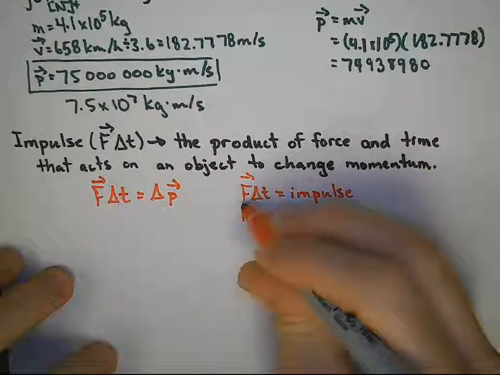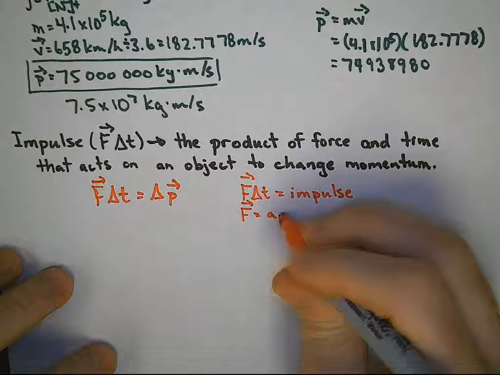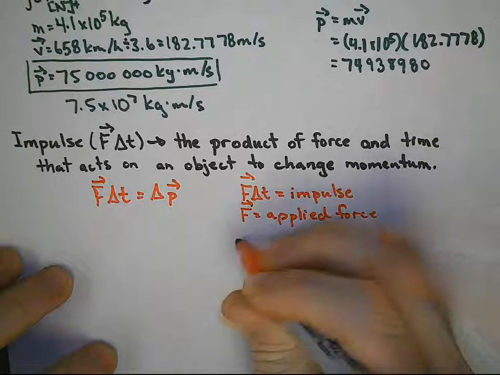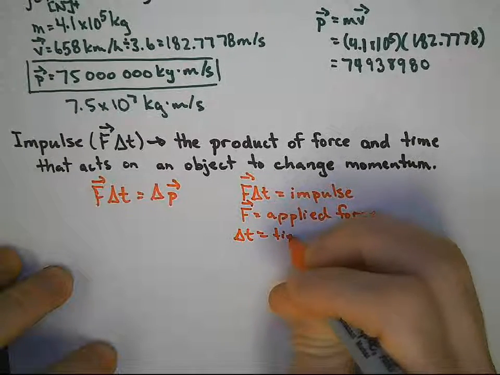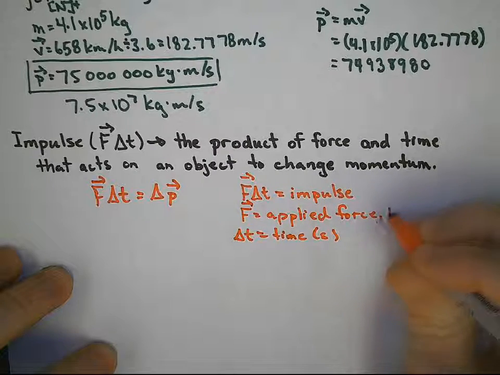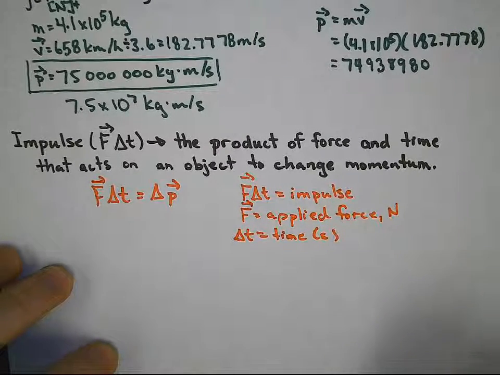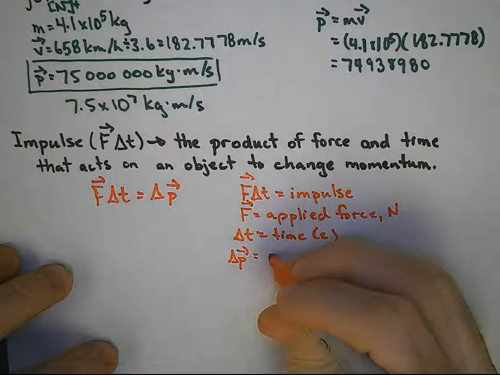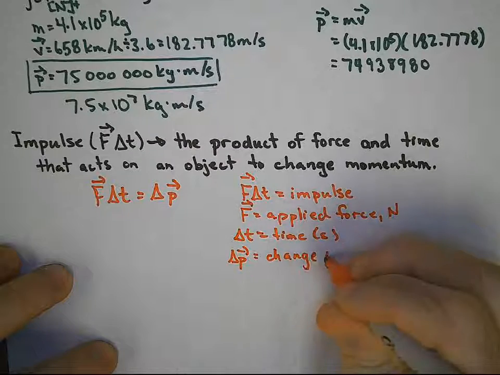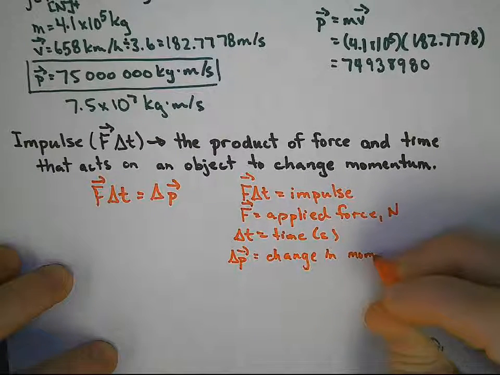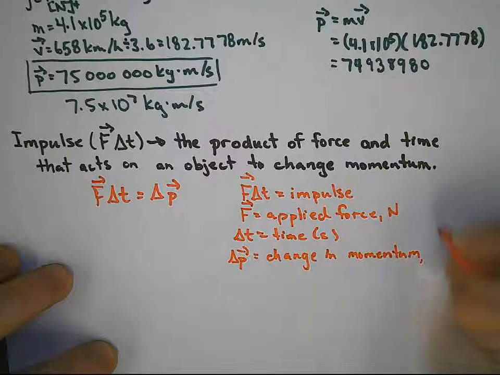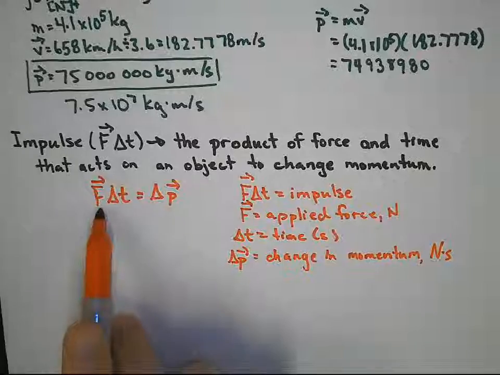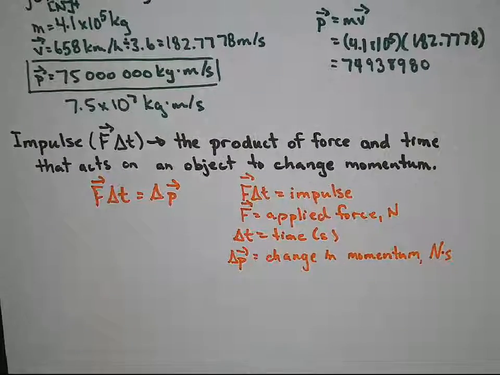F is our applied force, in newtons, of course. t is our time in seconds. And delta P is our change in momentum. Our change in momentum is given in the unit newton seconds, again coming from the fact that impulse is F delta t, newton seconds.